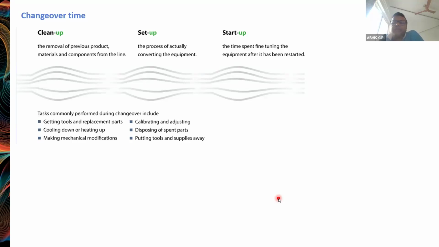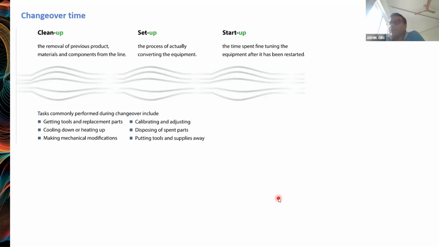And also, these days all the machines that you have in factories are highly automated and computerized, so you need to change some configuration on the machines, and those things take some time.